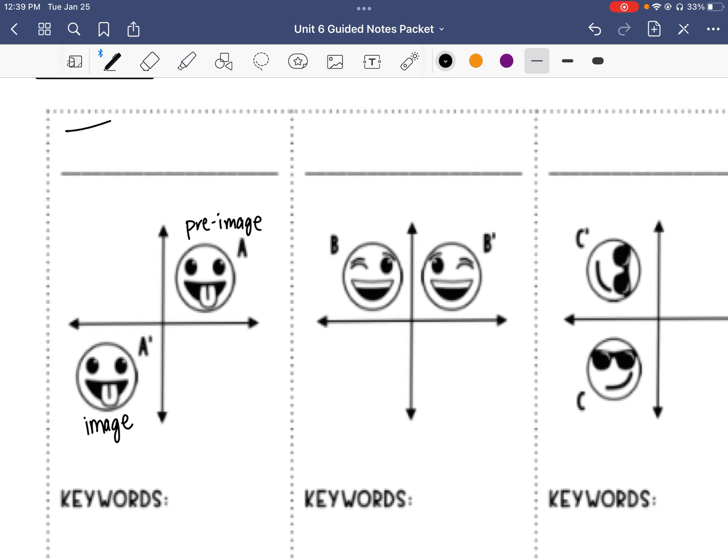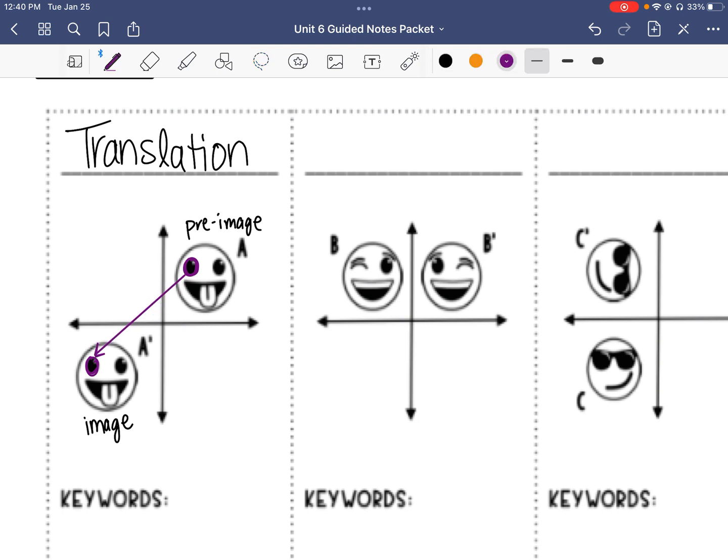So this one on the far left is a translation. So let's go ahead and label this one. So our pre-image is on the top right here. So let's look at some specifics. So this left eye here moves to down here. So if you were to draw a line of how it's moving, you would draw it from there to there. I'm going to move it a little bit. Okay.